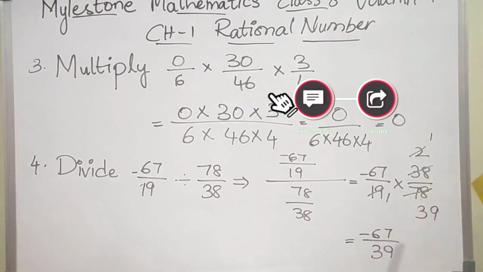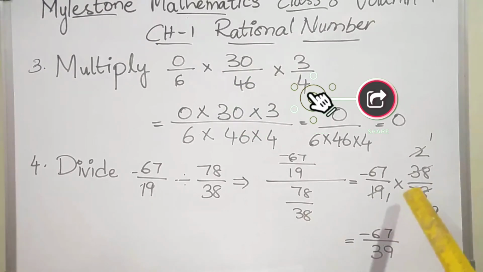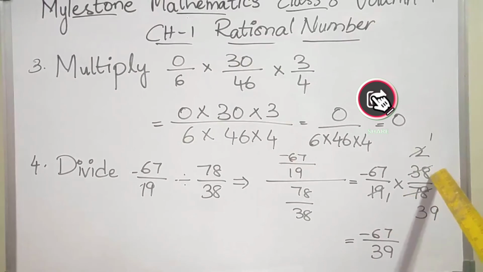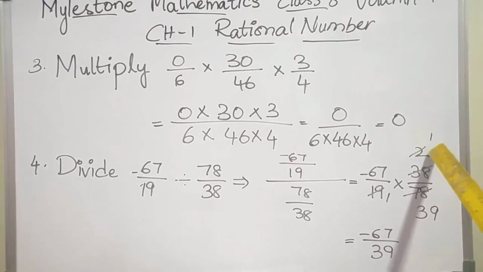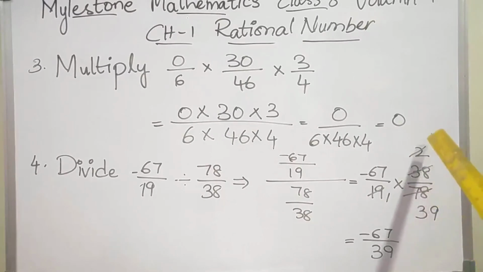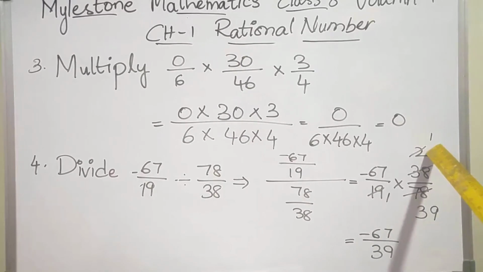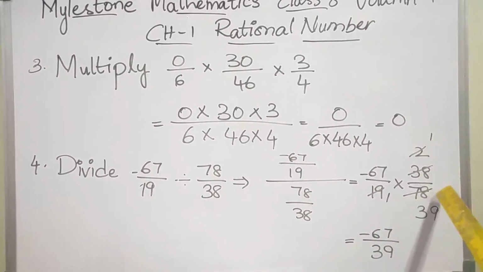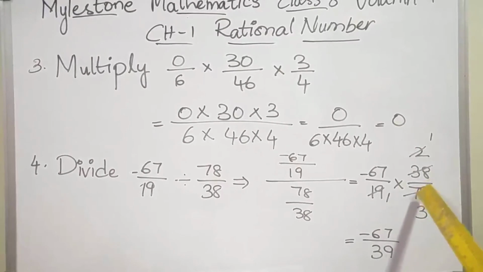Now here the cancellation rule applies. 19 ones are 19, 19 twos are 38. So it gets cancelled with the 2. And see here, 78 is a multiple of 2. So now it gets cancelled with the 2. 2 ones are 2, 2 thirty-nines are 78. 2 threes are 6 and 1 gets carried.